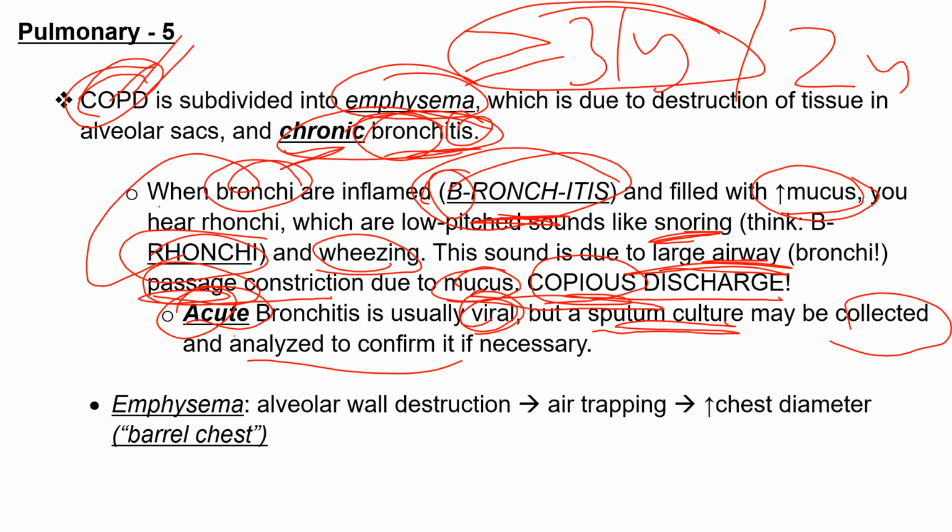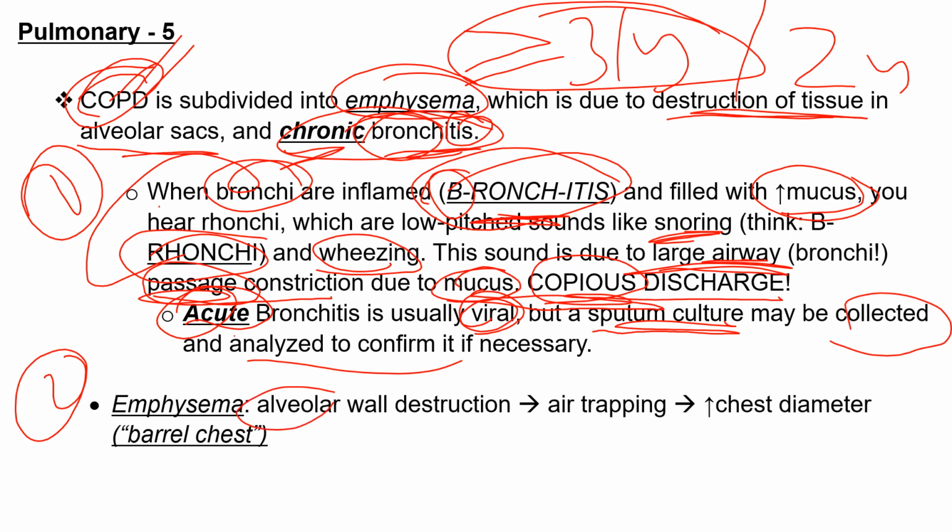The second type, so this was chronic bronchitis, the second type of COPD is emphysema. In emphysema, you have a destruction of tissue in the alveolar sacs. Alveoli are sac-like dilations which are at the end of the respiratory airways, and they have walls that separate them.